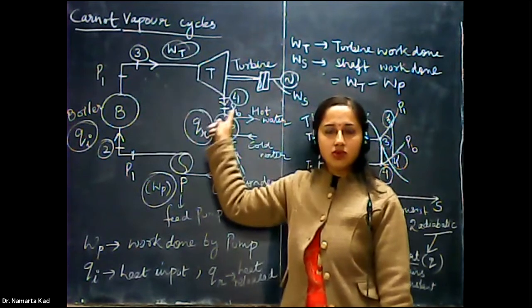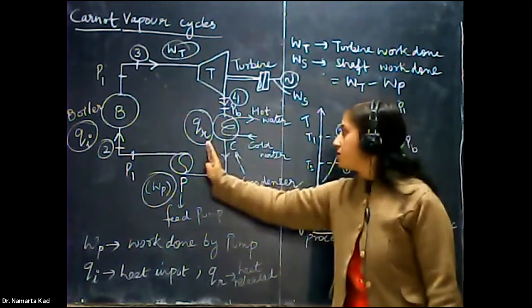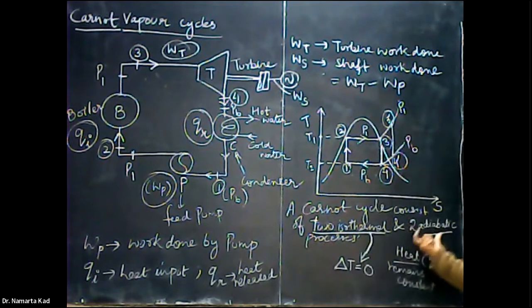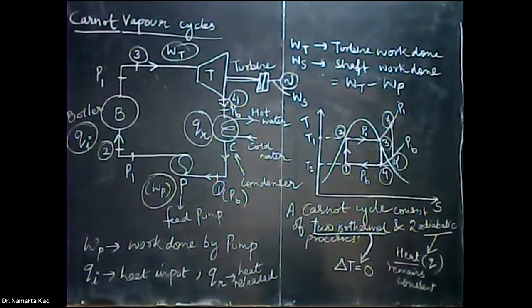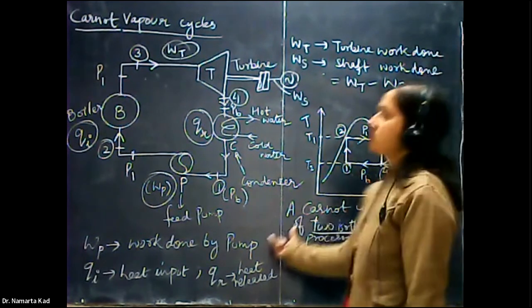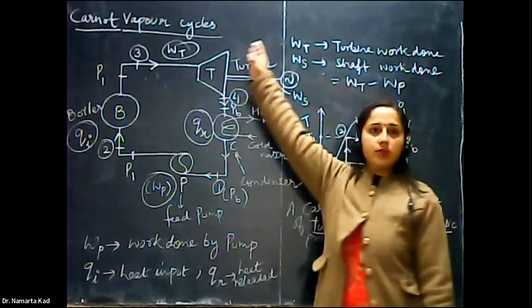So overall in the Carnot cycle, there are two isothermal processes and two adiabatic processes in the complete cycle. Thus it completes this thermodynamic cycle which we call the Carnot vapor cycle.